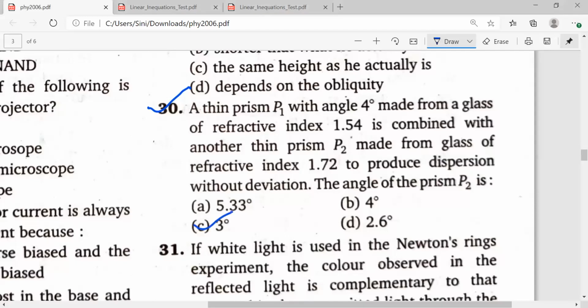How many of you did not get this answer? Fine.